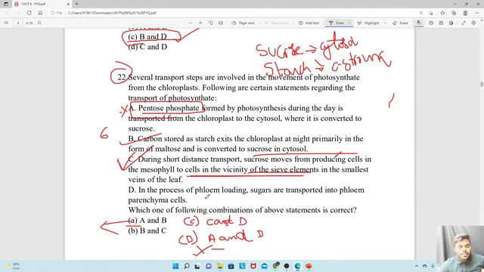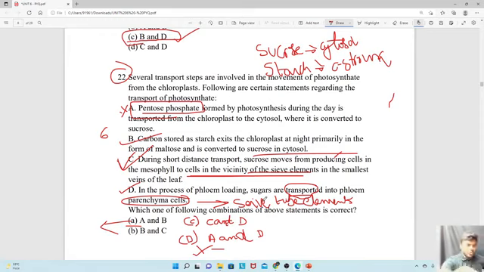Option D, in the process of phloem loading, sugars are transported into phloem parenchyma. I don't know how you can choose it. Why would the sugar be transported via phloem parenchyma, friends? We all read that sugars are transported via sieve tube elements. How does the food move through the parenchyma?